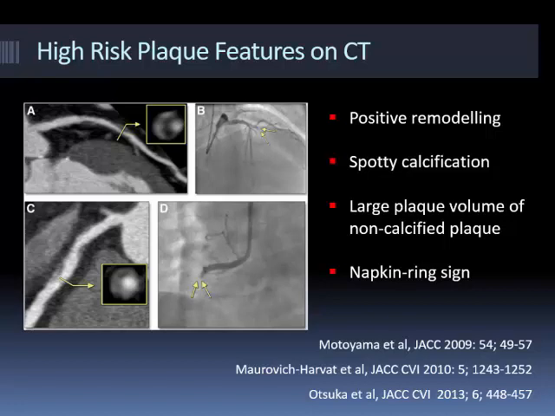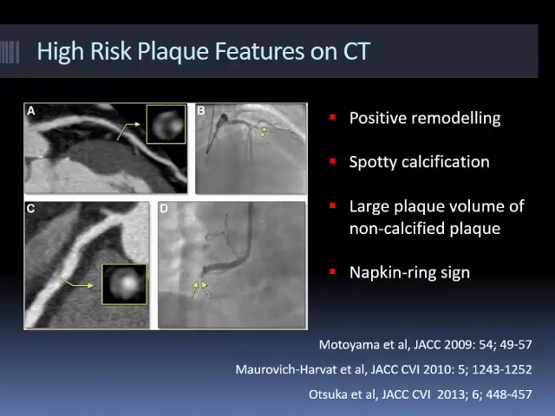You can identify certain high-risk features. These are features on CT angiography that are associated with patients presenting with unstable symptoms, either at the time or at a later date, such as positive remodeling. What we mean there is that the lumen is preserved and the atherosclerosis is around the vessel. Spotty calcification, so rather than purely non-calcified or purely calcified plaque, you have these spots of calcification, usually less than 3 millimeters.